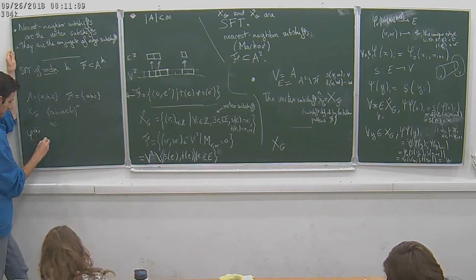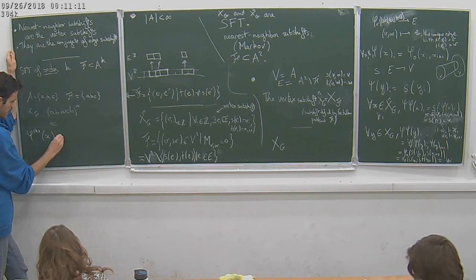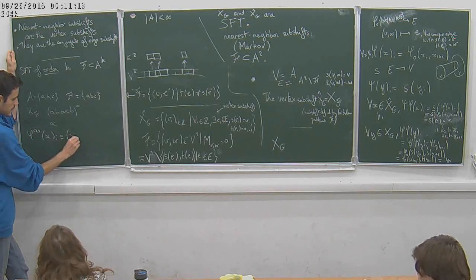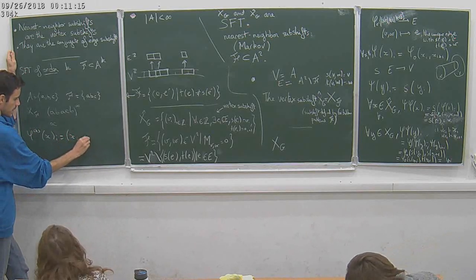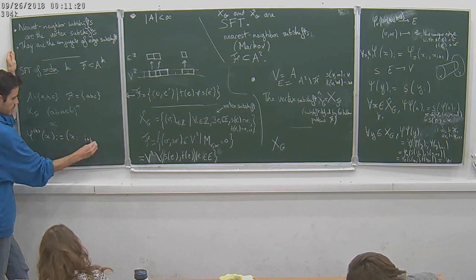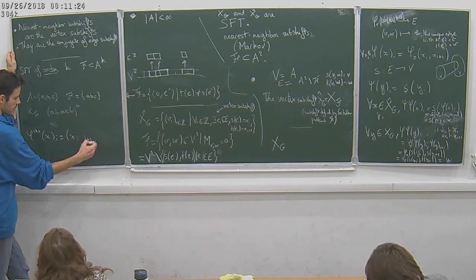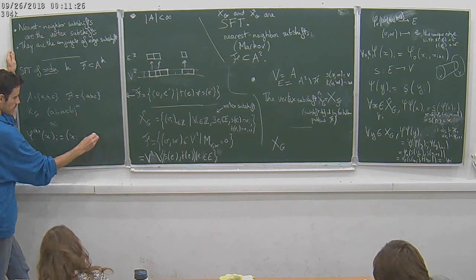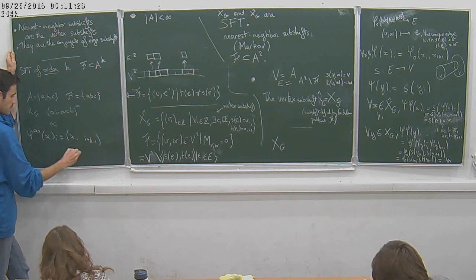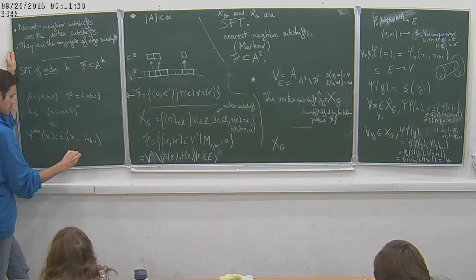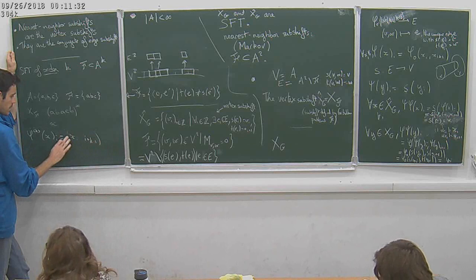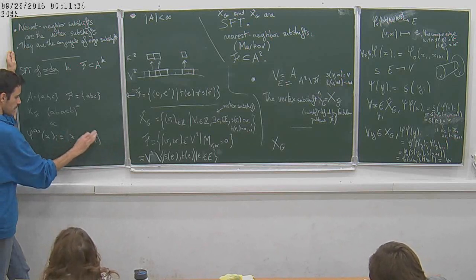So phi_K of x_i is equal to x_i to x_{i+K-1}.